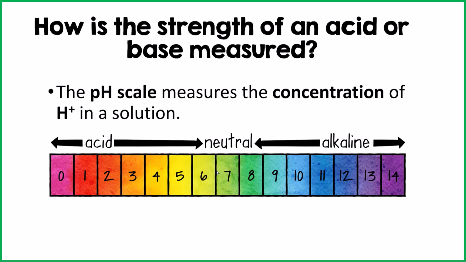And then acidic solutions are found from 0 to 6, with the stronger acids being found closer to the 0 end and the weaker acids being closer to neutral here. And then our alkaline or basic solutions are found above the 7 neutral mark, and so 8 to 14, with the strong bases being near the end, near 14, and the weak bases being closer to 8.